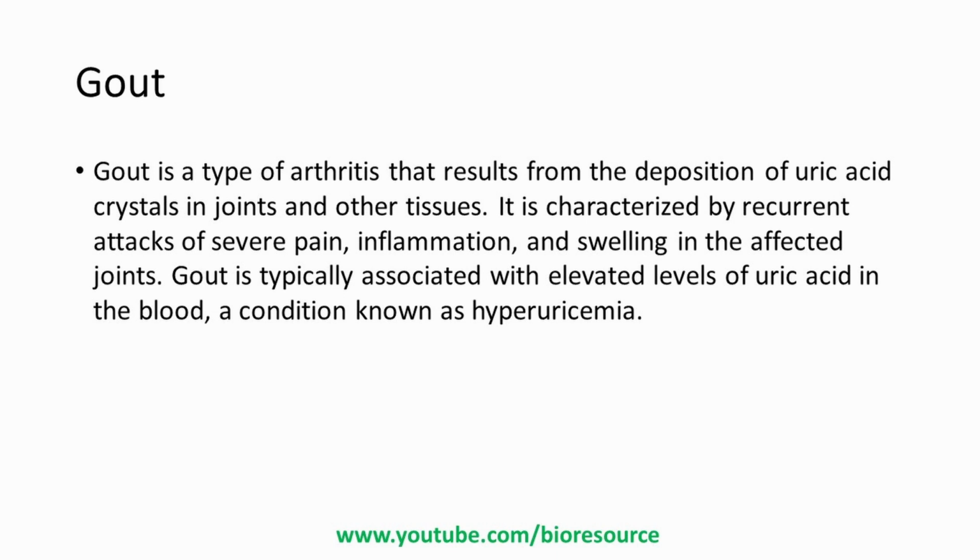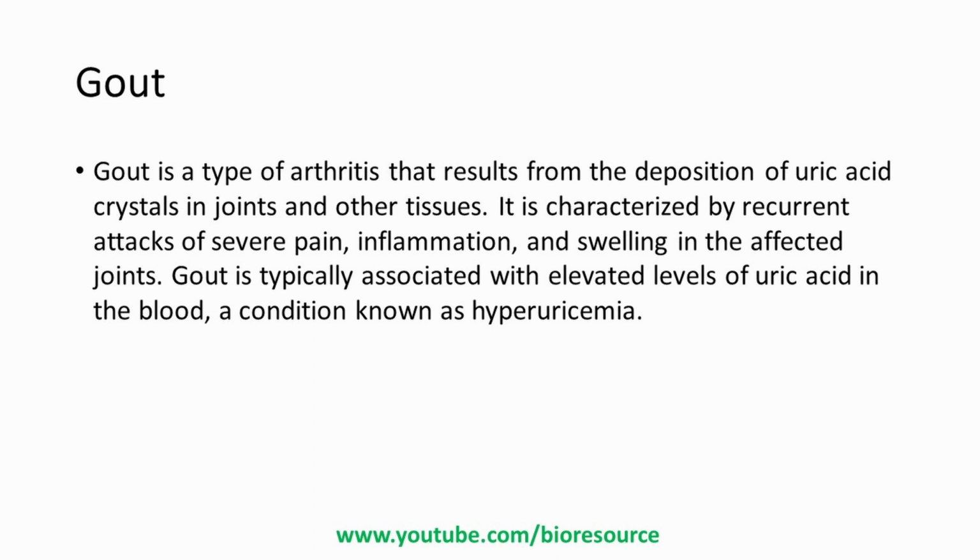The average normal blood serum level of uric acid is around 4 to 7 milligram per 100 ml. So that is the normal range. In case of hyperuricemia, the levels will go up from the normal range. So what is gout? Gout is a metabolic disorder associated with elevated level of uric acid in the serum. The increased uric acid is due to either increased formation of uric acid or its decreased renal excretion.